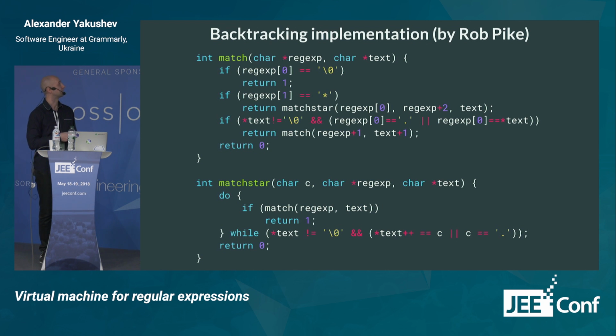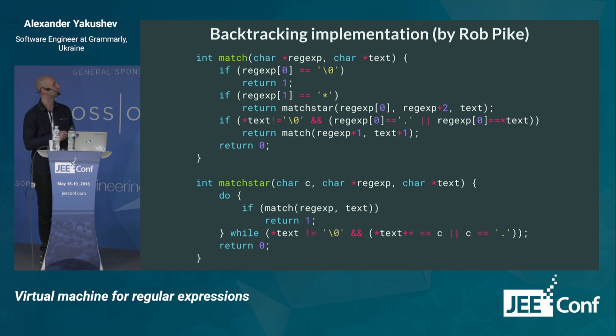Then we check if that's the end of the regular expression, we return 1, which means success. The regular expression ended. And if the second character is a star, meaning the Kleene star, which means 0 or more occurrences, we call this match star function. I'll mention it later.